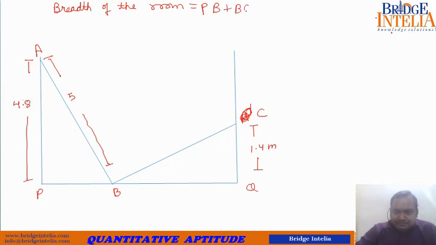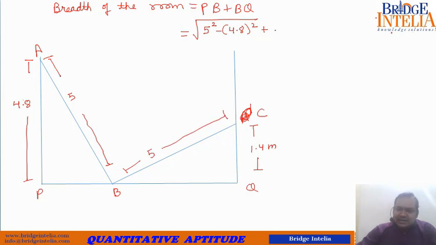Now applying Pythagoras theorem in triangle APB, PB can be written as under root of 5 square minus 4.8 whole square. Similarly, BQ can be written as, again this will be equal to 5 because the ladder is the same, the length of the ladder won't change. So 5 square minus 1.4 whole square.